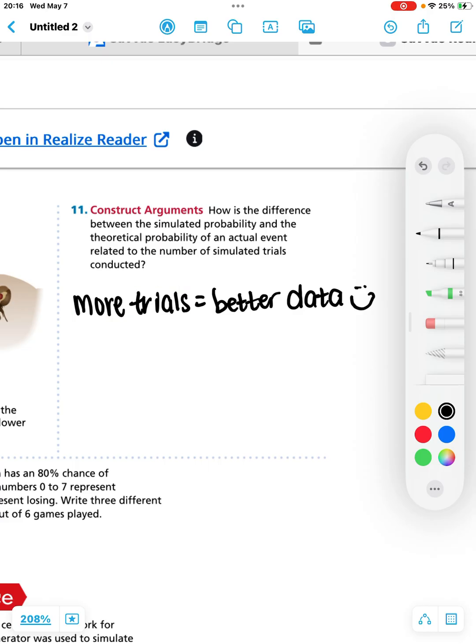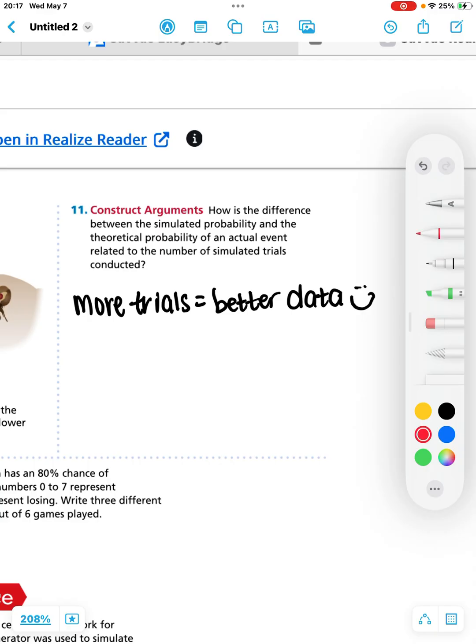And that's true for both. We even said that for theoretical probability, the more trials that you have, the closer to the actual probability you're going to get. This is the same exact thing. The more trials in the simulation, the closer you're going to get to the theoretical probability.